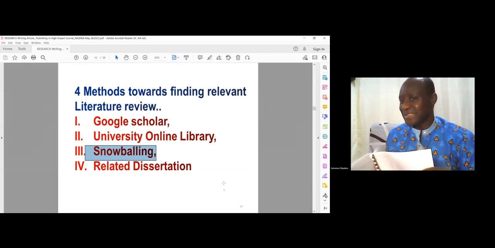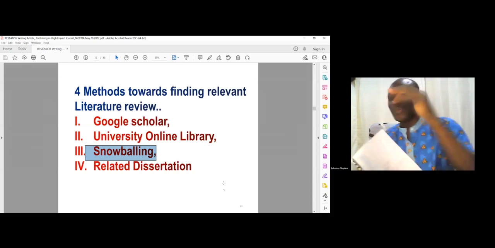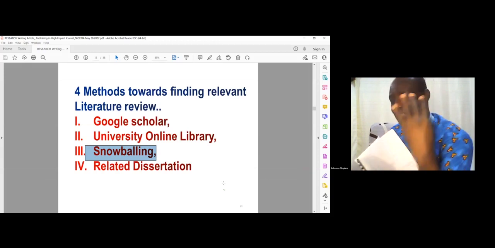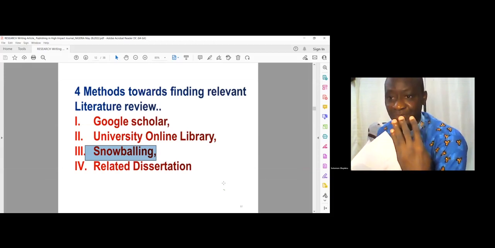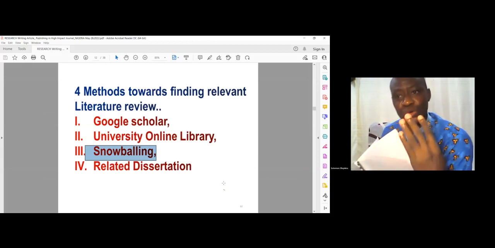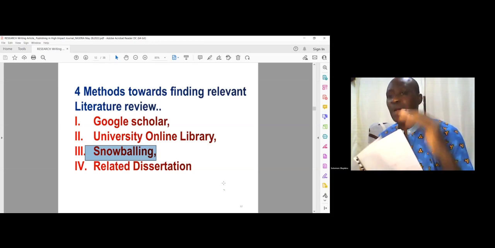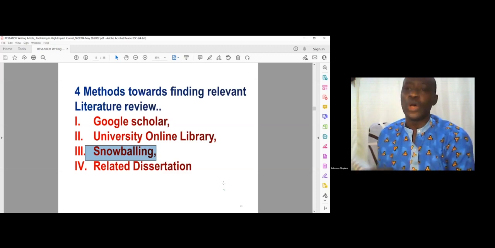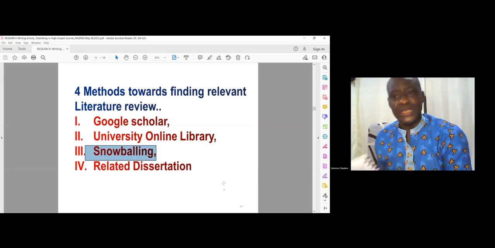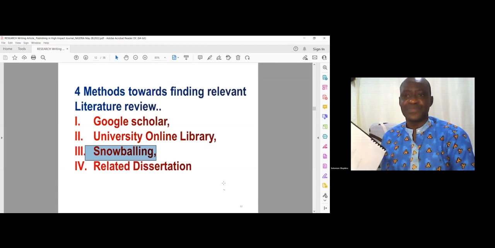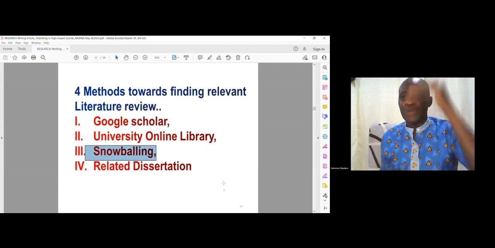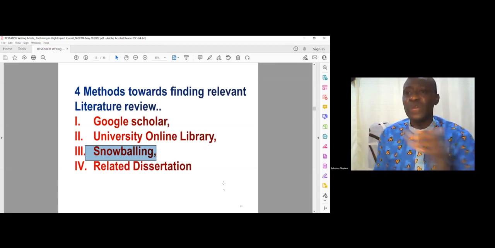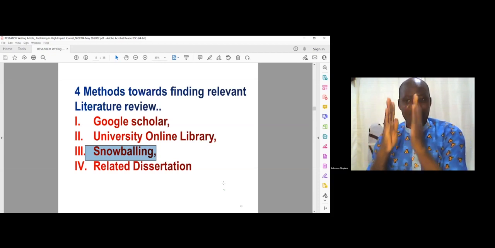Are you getting me? From those 4 articles, you will get 4 more from each. It depends on your choice. Before you know it, you will have about 16 articles related to your subject or to the objective of your study. So from there, you will be checking what method the 16 articles used.